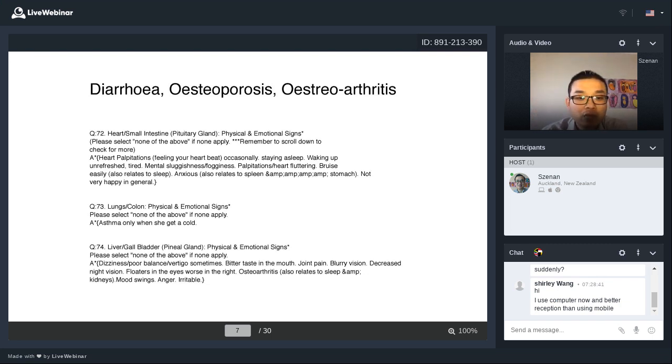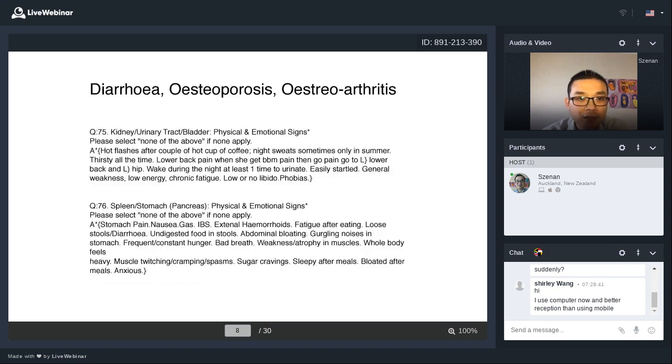Osteoarthritis, mood swings, anger, irritable. So there are 3 organs imbalanced in here. Kidney and bladder: hot flushes after a hot cup of coffee, night sweats sometimes only in summer, thirsty all the time, lower back pain when she has a bowel motion. BBM is actually BM, just bowel motion.